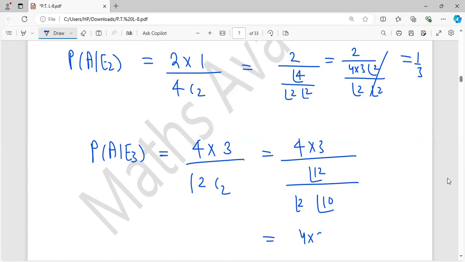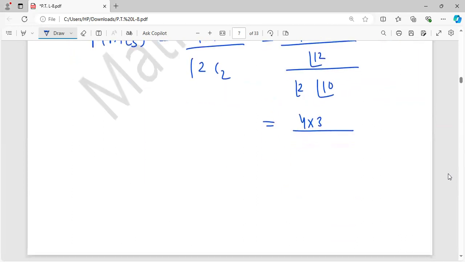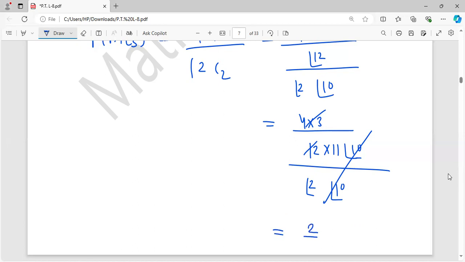So this is 4 into 3 upon 12 into 11 factorial 10 upon factorial 2 factorial 10. Factorial 10 cancels out. So this is 2 upon 11.